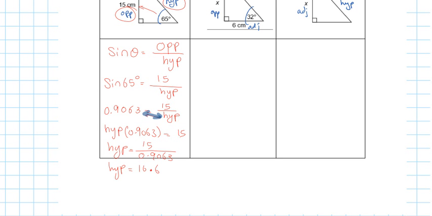Centimeter. You need to include units, because 16.6 kilometer is different than 16.6 centimeter, and I need to know what unit your answer is in. Okay? You think you can take some time to try the next two questions? Okay?